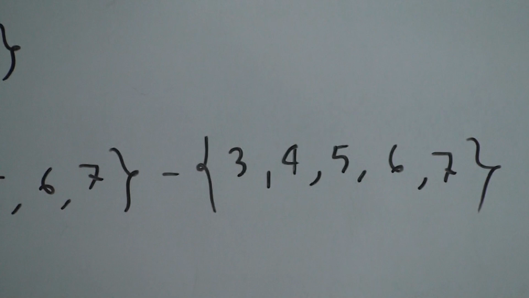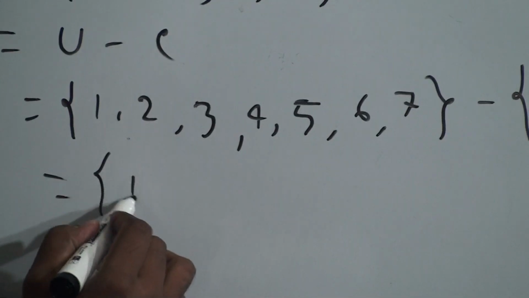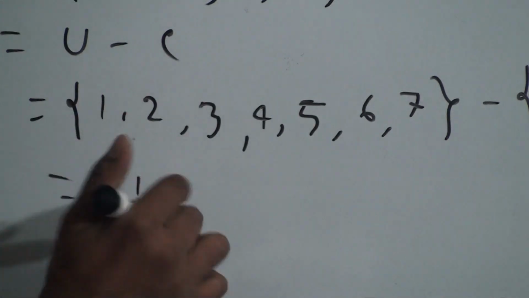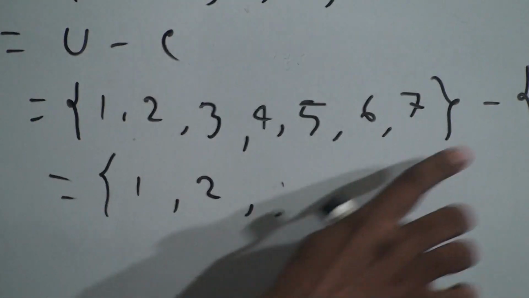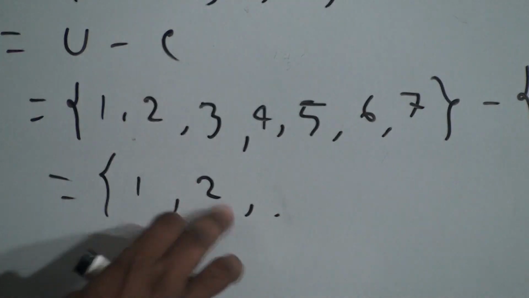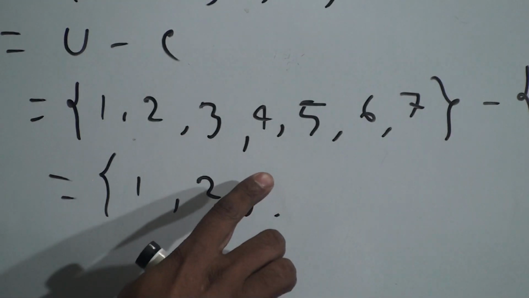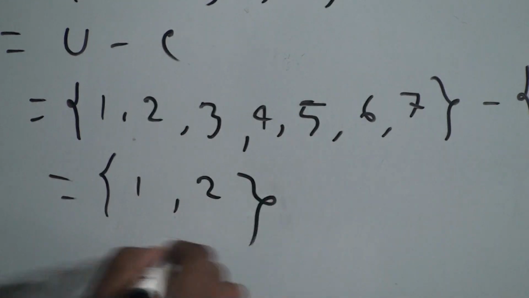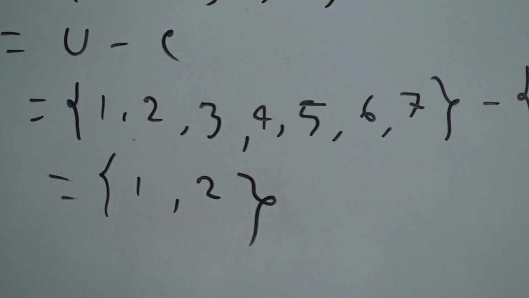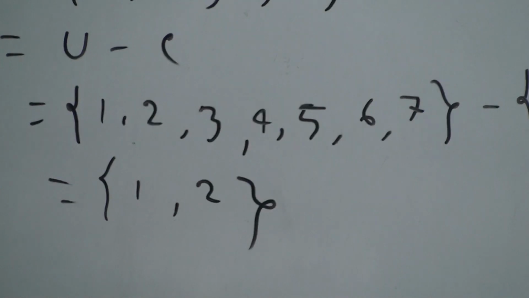Now the elements which exist in this set and do not exist in this set will come. Such elements are 1, 2, 3. Sorry, 3 exists in this set, so 3 will not come. Only 1 and 2 will come. Now we can easily find out the value of B prime union C prime. That means we can find the value of right hand side.